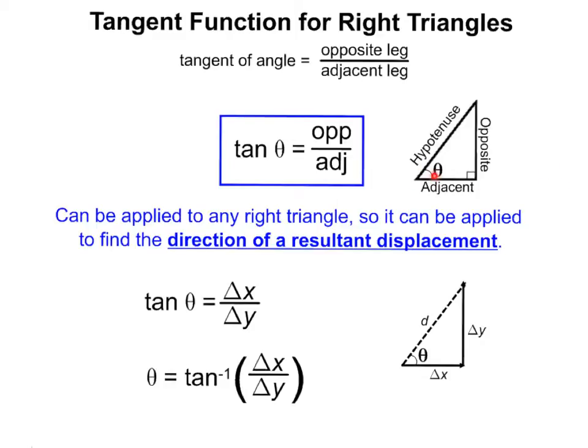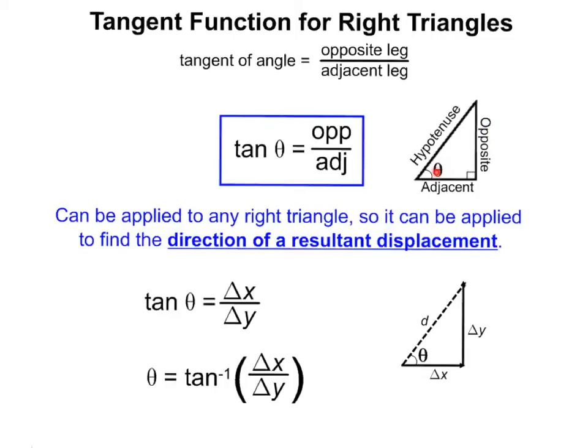If we'd like to find the measurement of that angle, we can do that because we know that the tangent of an angle, if we're talking about a right triangle, is going to be equal to the opposite leg, which is across from that angle, divided by the adjacent leg.